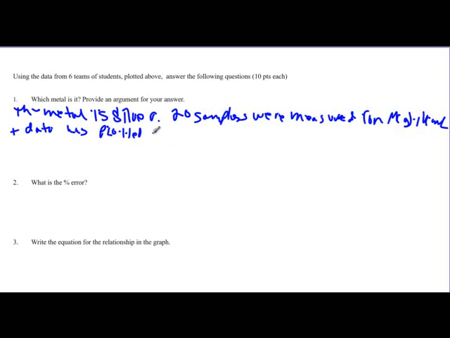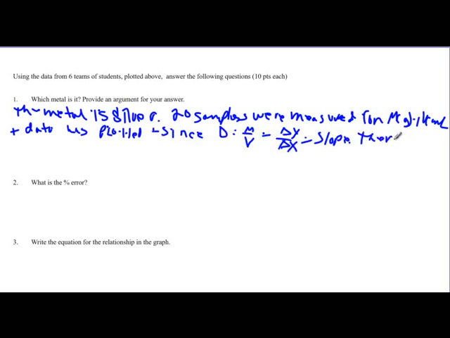Data was plotted, and since density equals mass over volume, it's also equal to the change in y over the change in x, which is equal to the slope.